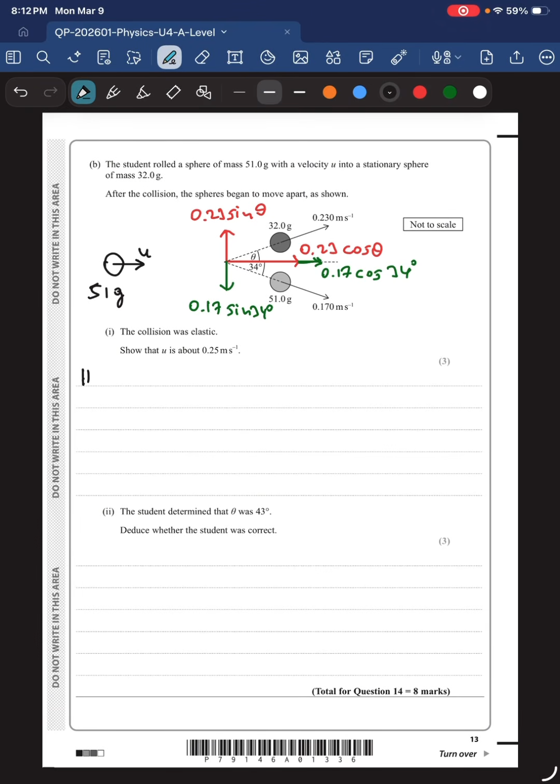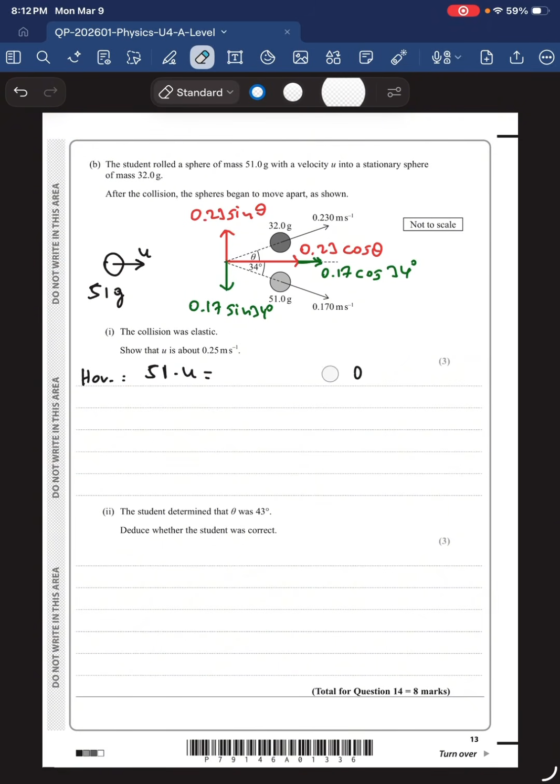So in the horizontal, we have conservation of momentum. 51 grams times u should be equal to, oops, I forgot to multiply with the mass.